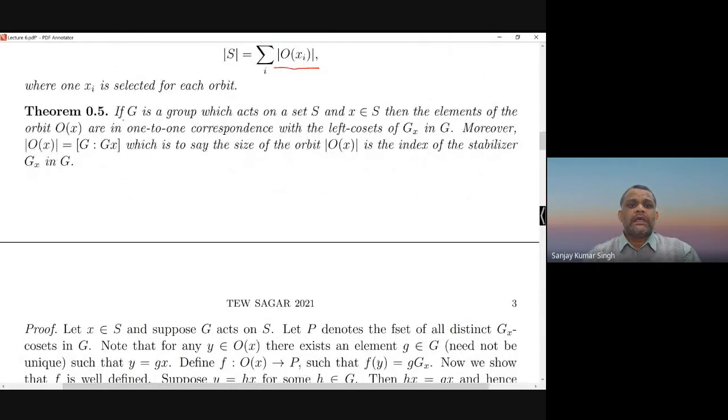The theorem says that if G is a group which acts on a set S and x is any point of the set S, then the elements of the orbit O_x are in one-to-one correspondence with the left cosets of the stabilizer G_x of x in G. Moreover, the cardinality of the orbit is the same as the number of left cosets, which you call the index of G_x inside G. Note that we don't know whether G_x is normal or not, but we know it is a subgroup, and hence we can talk about the index of this subgroup.